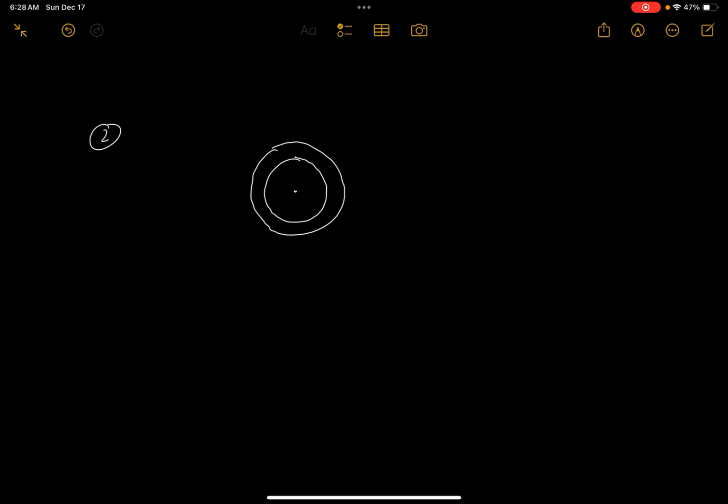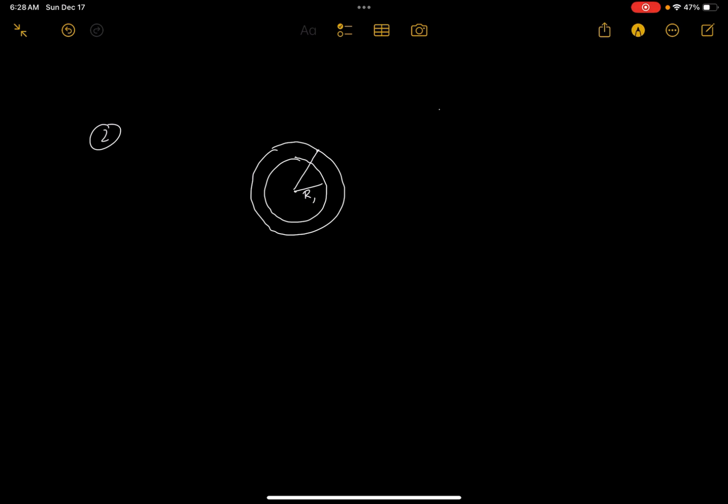What do they say? They say the two radii making an angle of 60 degrees. So I put this down over here. This is one radius, I'll call it R. Well, there's going to be two of them, so this is R1, and this is R2.